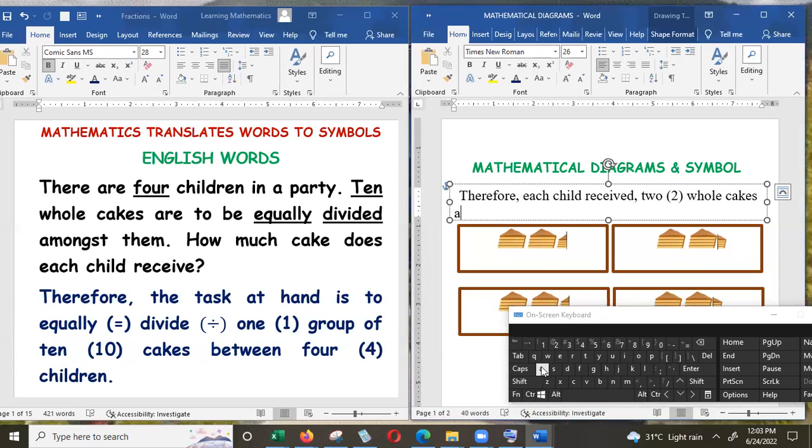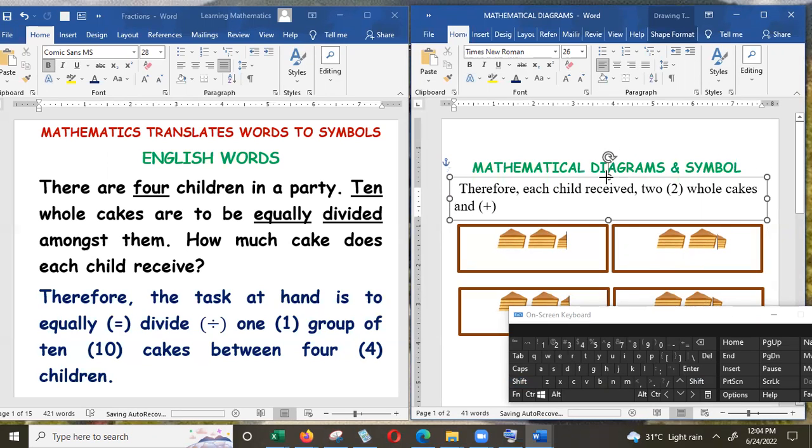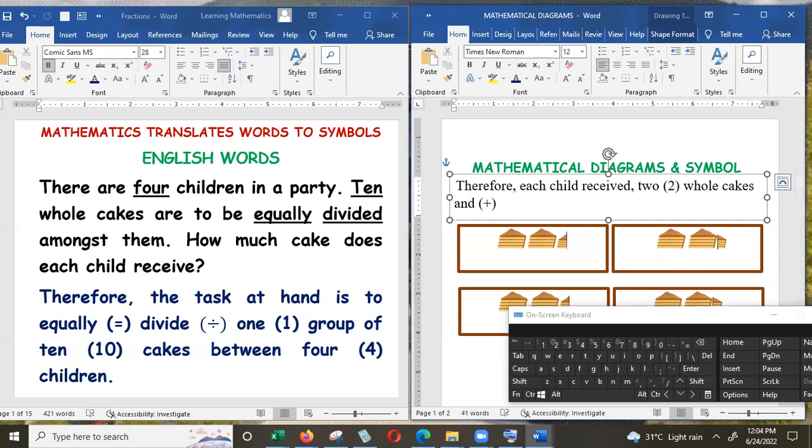And. Now, and is an important word in mathematics. The symbol for and is plus, the plus sign. And is very much utilized in arithmetic and algebra. Every important word in mathematics has its translated symbol.